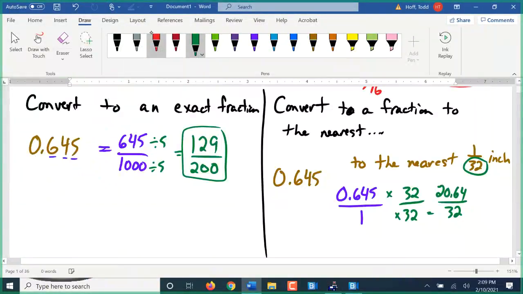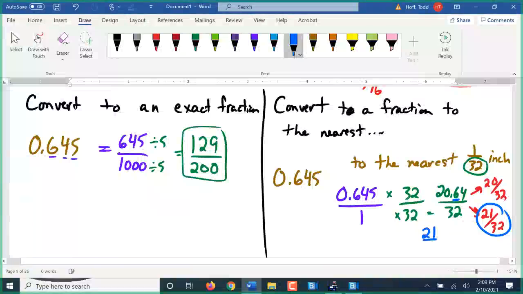So 20.64 is between 20 32nds and 21 32nds. Since that is 20.6, we go to the larger one. That is 21 32nds of an inch. Notice the drastic difference in our results.